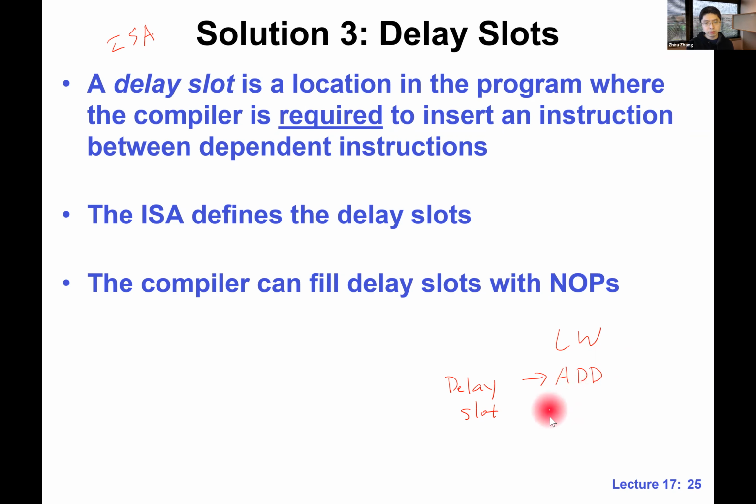Otherwise, we can find something that's independent from LW, the load. We put it in the delay slot. And the hardware is not going to check. Okay. The hardware will just assume that there's no data hazard between these two. That's why I'm calling this a co-design solution. Basically, both hardware and software need to agree on the same assumption. This assumption is called the delay slot.